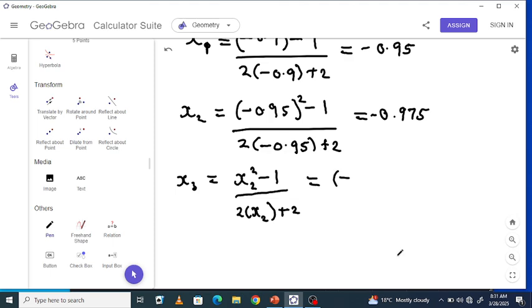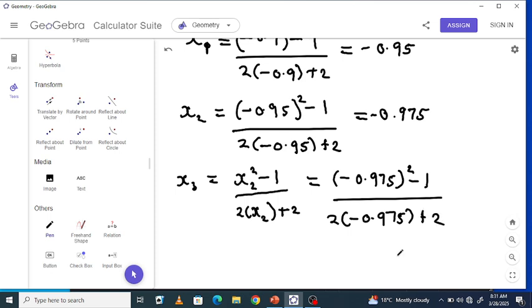Our x2 is negative 0.975, so we square, subtract 1 over 2 into negative 0.975 plus 2. When you solve that, you get negative 0.9875. You can go up to as many iterations as you want, but in our case, you're only going up to x3.